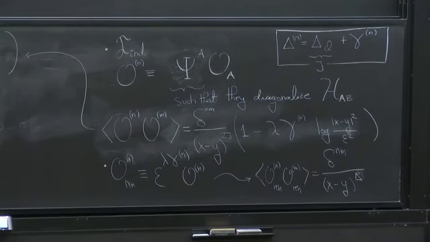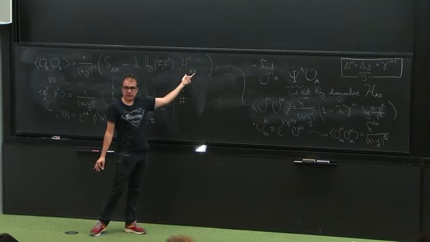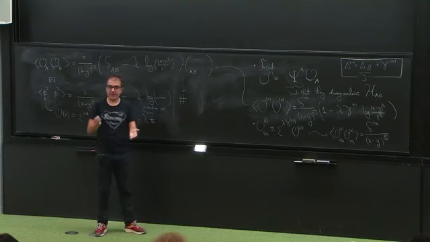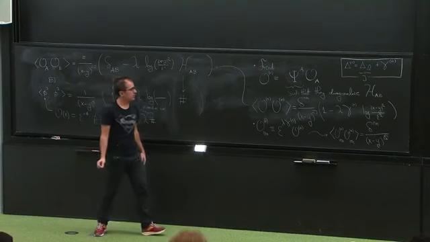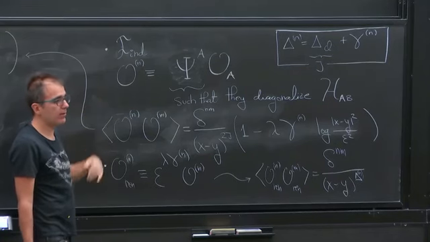And so what we need to do is diagonalize this matrix, and then the eigenvectors of the matrix tell you what are the good linear combinations, what are the good primaries that have definite dimensions. So the eigenvectors give you the operators, and the eigenvalues give you the dimensions.